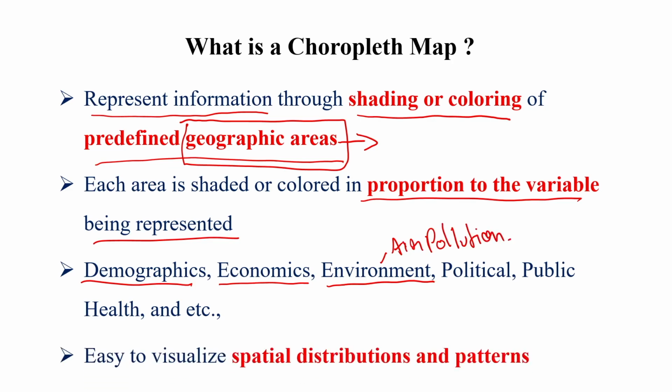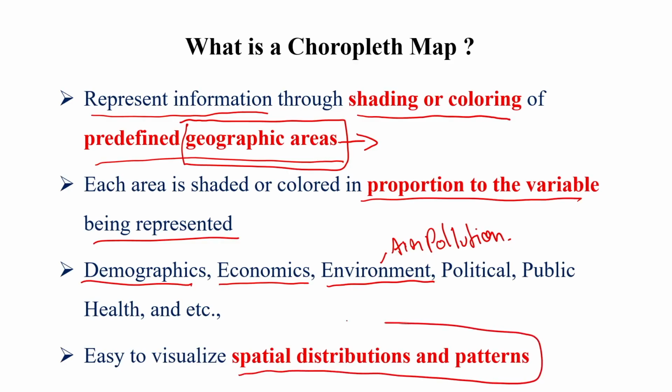Okay. Now why do we need this Choropleth map? The use of this Choropleth map is basically that we try to understand the spatial distribution and pattern in your data or in your variable. There are a lot of studies on how the opinion of people is changing, how demographics are changing.